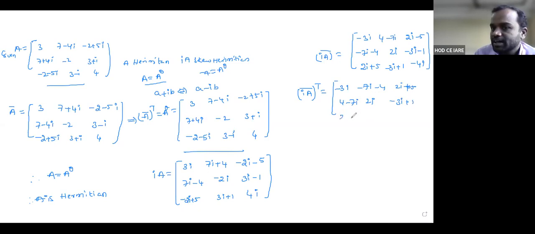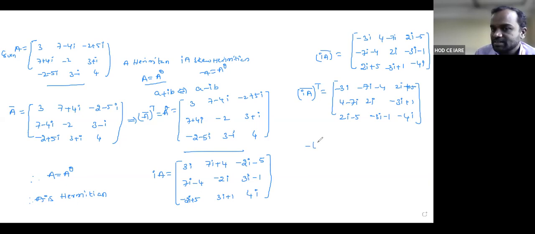Next 2i minus 5, minus 3i minus 1, minus 4i. So they transpose. మనం minus common తీయనా?